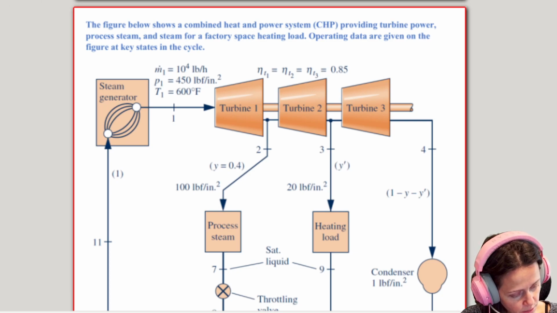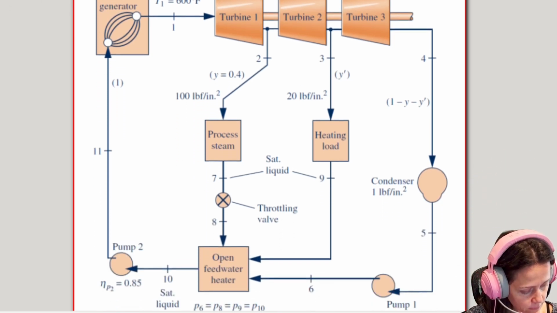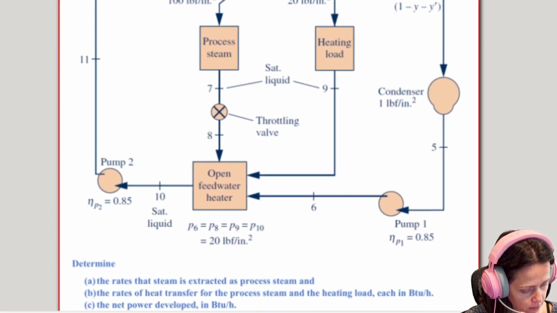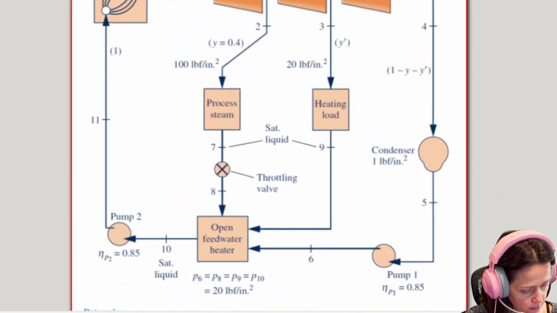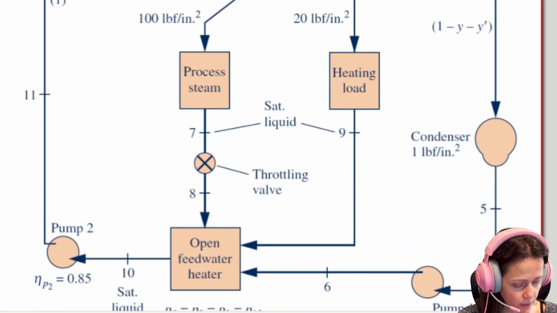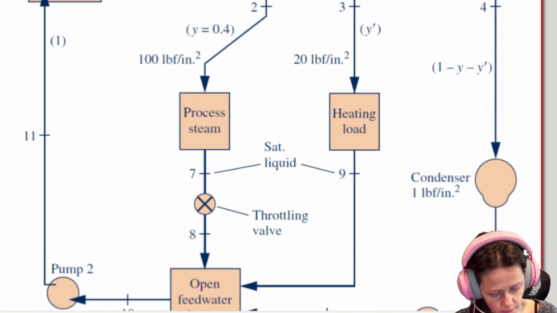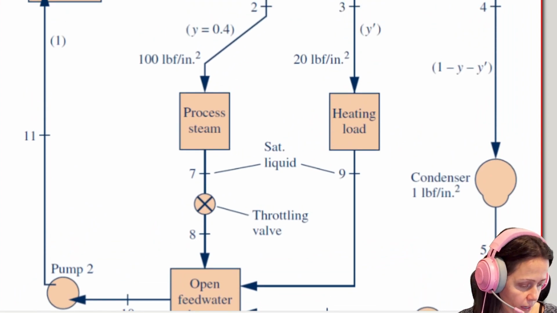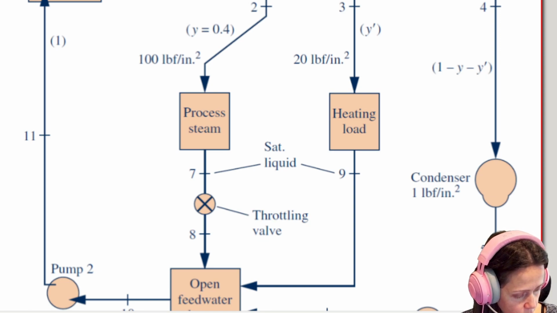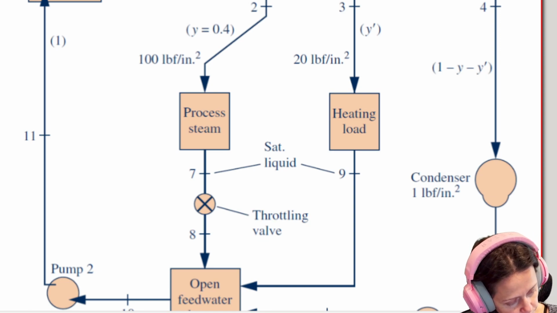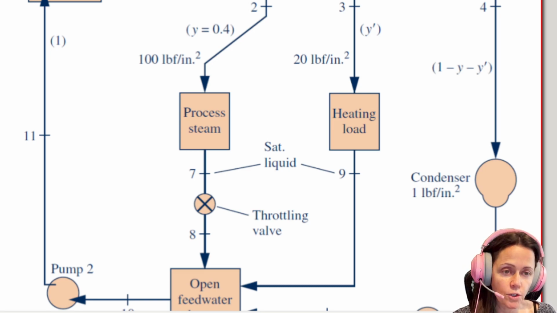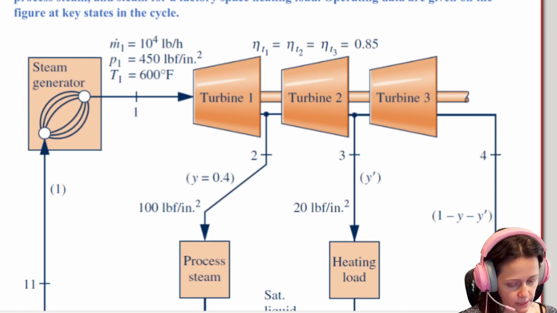They don't actually draw the little arrows for us, but that's okay. We can draw arrows. So it says it provides turbine power. I can draw that.